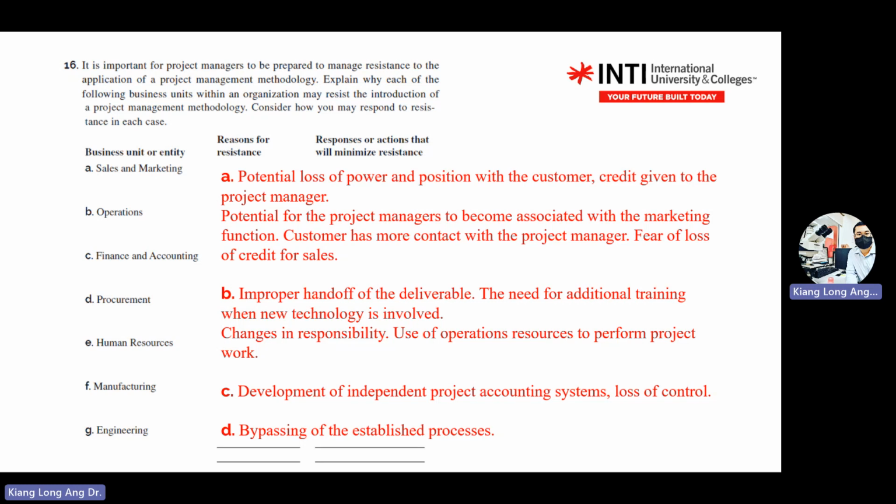Procurement is the department who buys things. Okay, so if you bypass the process, their fear is that you actually do not inform them or do not consult them. You go straight away, because you deal with customers, sometimes you have your own vendor, and sometimes you forget as a project manager.